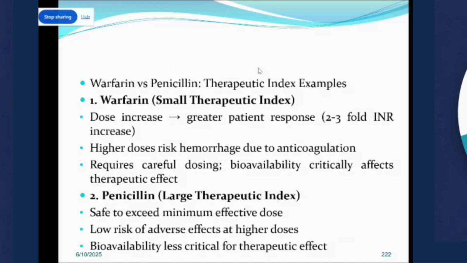We have 4 families of receptors: the ligand gated ion channels, the G protein coupled, the enzyme linked, and the intracellular. So the drugs can work through any of those.